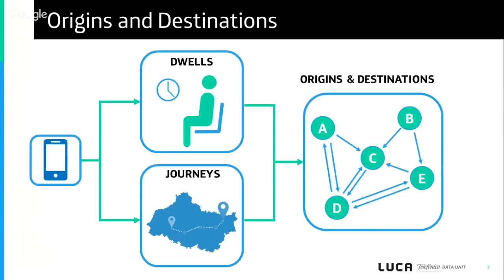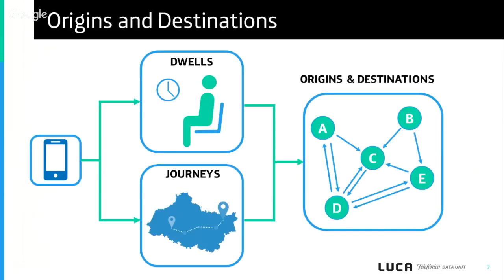So we can say someone was at home, they dwelled for a certain period of time, then they started hitting cell phone towers further away from their home in sequence, and then dwelled somewhere else, at work, and stayed stationary for a certain period of time. With that, we can start to build up a network of how these people are moving across the day.